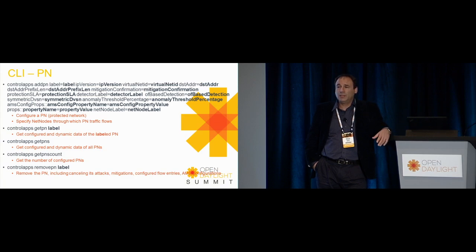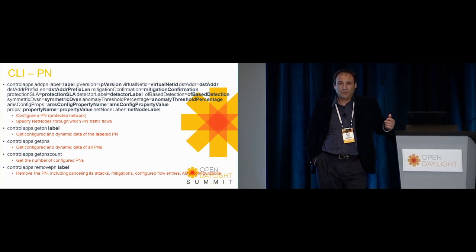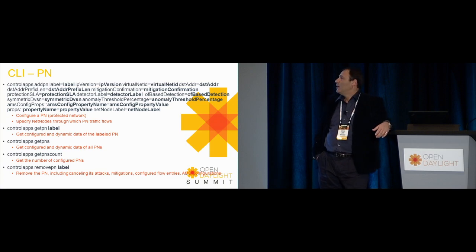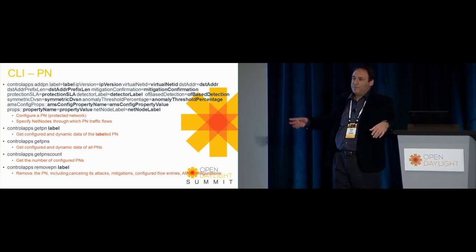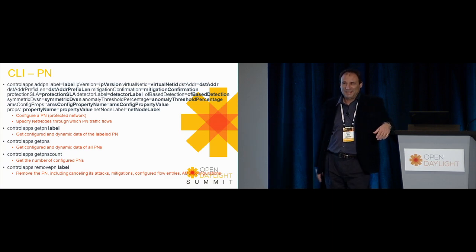It includes not only the internal state or any configured data in Defense4All, but it also includes removal of any flows configured in any of the switches, removal of any configuration in mitigation devices, and obviously removal of any traffic redirections for that PN. Any questions about this API? This is perhaps the most important one.